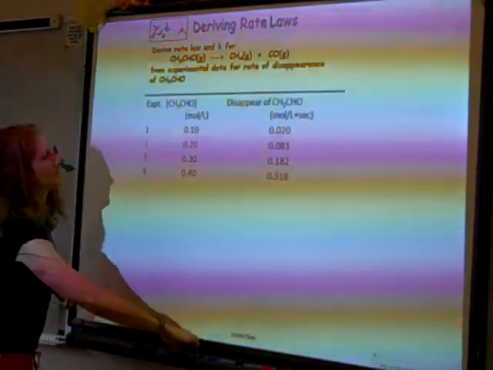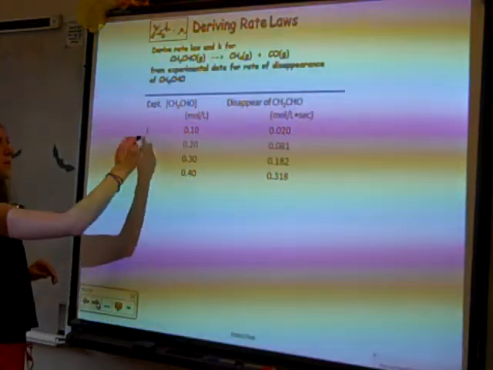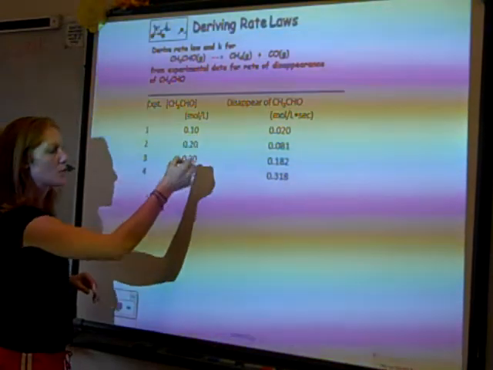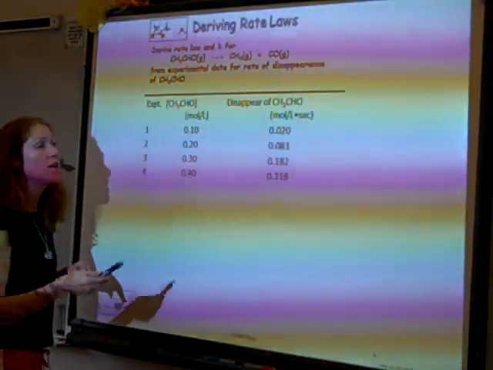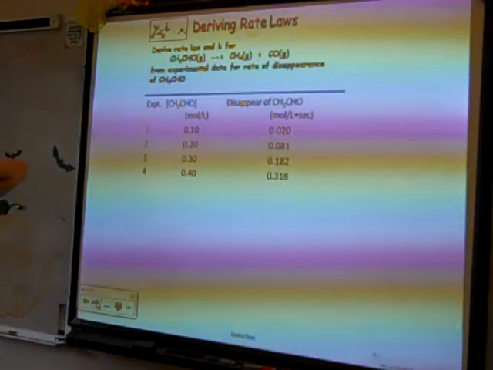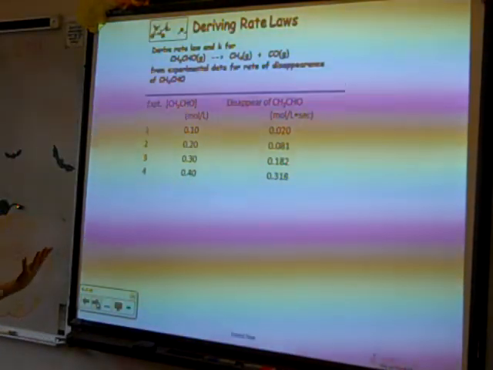Let's try one. So I run my experiment multiple times, and I go ahead and double or triple or quadruple the concentration, and I get the rate from every single one of these times. Let's go ahead and mathematically solve this, and then we'll see how we could talk through it.